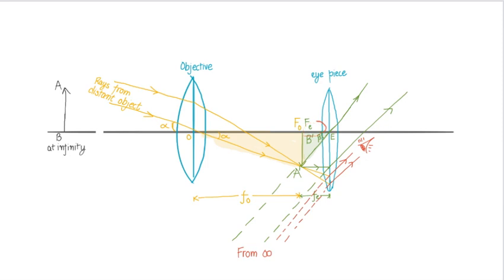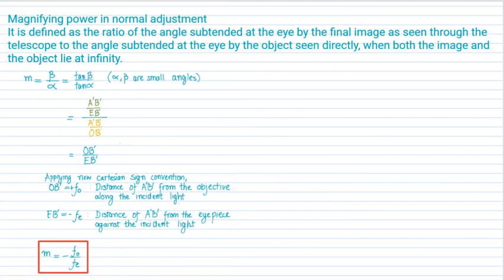It will be negative. So I've written EB' equals minus FE, the distance of the object A'B' from the eyepiece, with a negative sign since it is against the incident light, according to the sign convention.